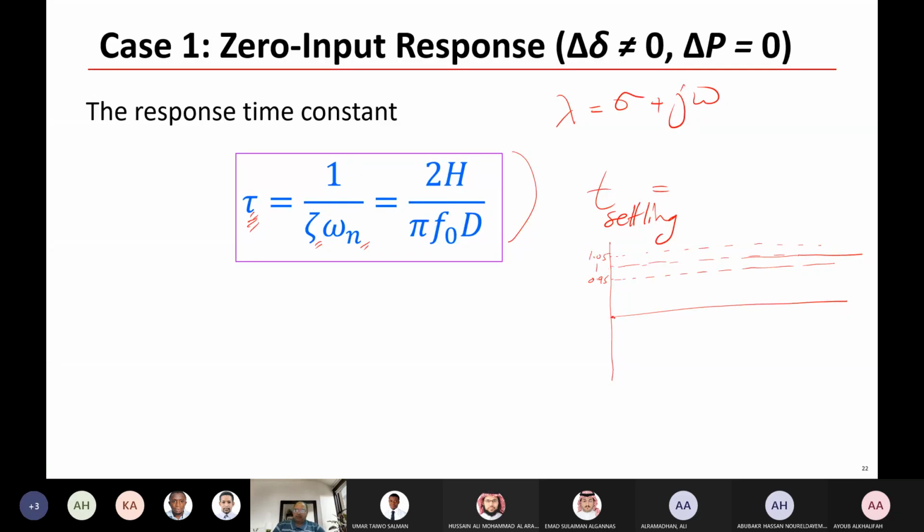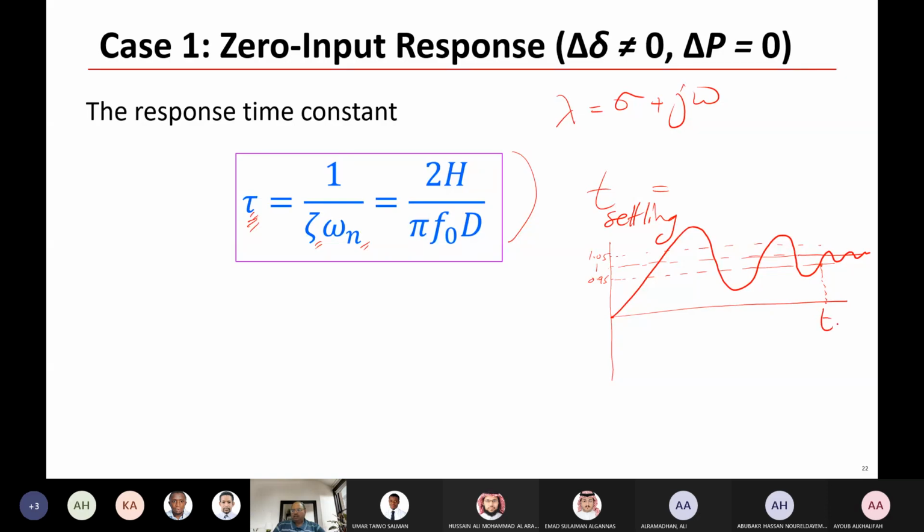Assume the system comes from here, goes up, down, and then comes here. At this time, the response comes very close to the steady state, within plus or minus 5%, and stays there.